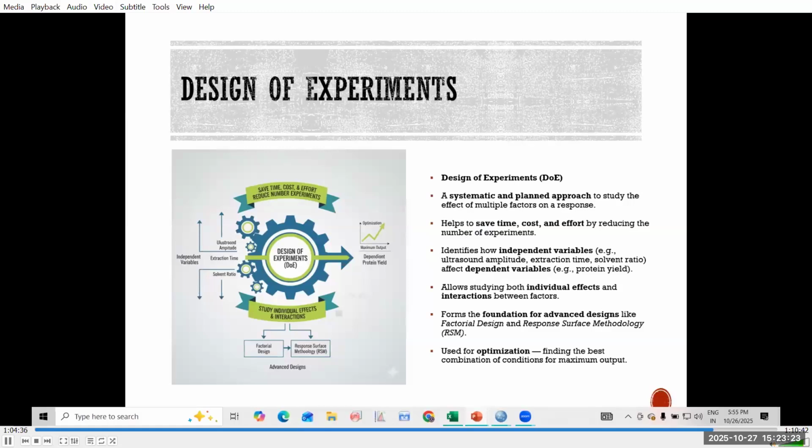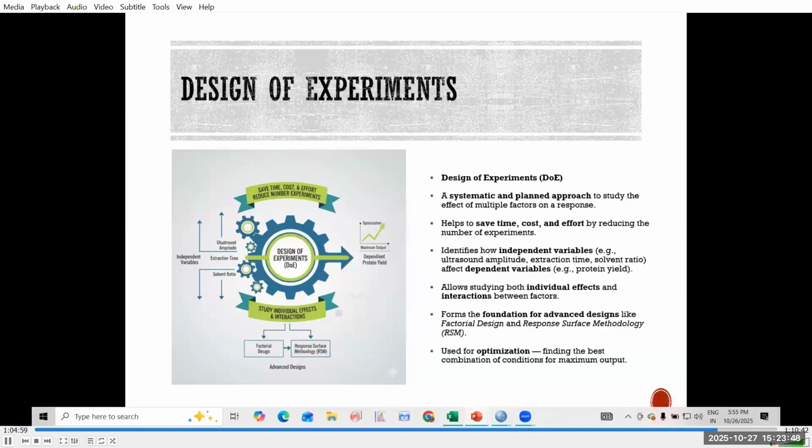It shows not only the individual effect, but also whether the interaction between the number of days and the sample type affects the moisture content significantly or not.